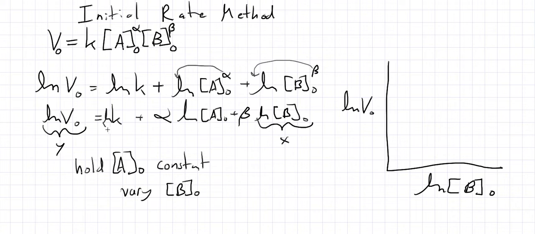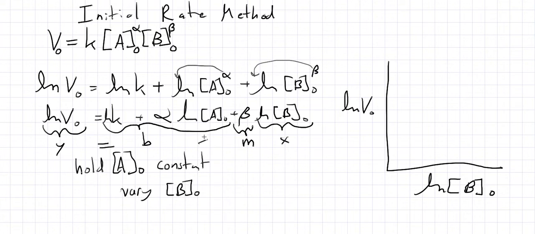The rate constant's constant because we're not changing the temperature. We didn't vary A naught, so this is a constant, so we could call this entire collection of constants the y-intercept b. And the order of the reaction in B is a constant as well, so that'll be the slope.